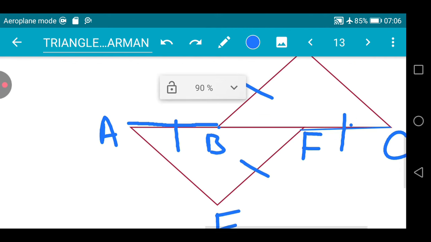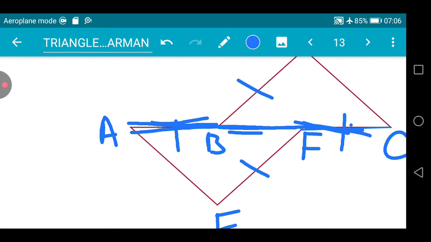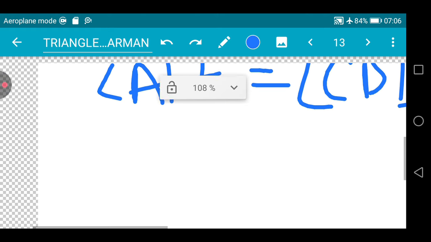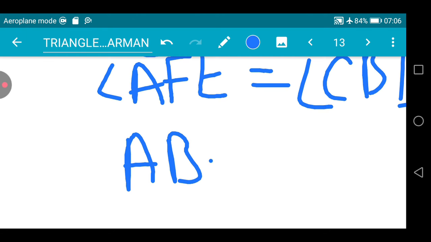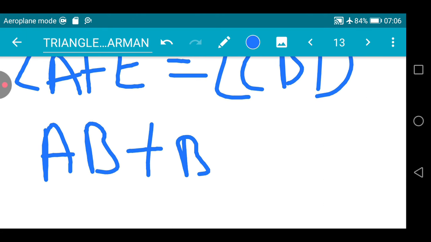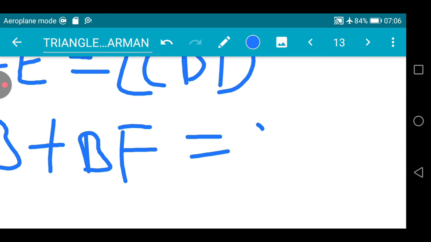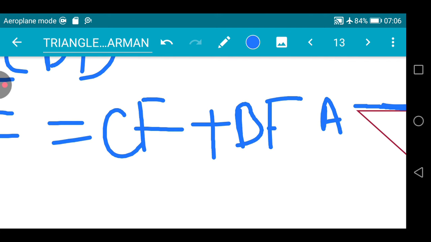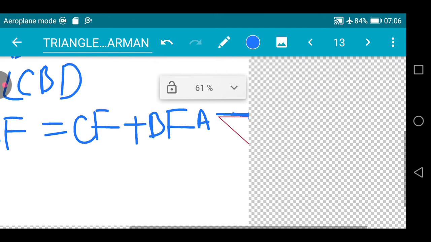If we add BF to both AB and CF, this will be equal to this. Let me write it again: AB plus BF and CF plus BF.